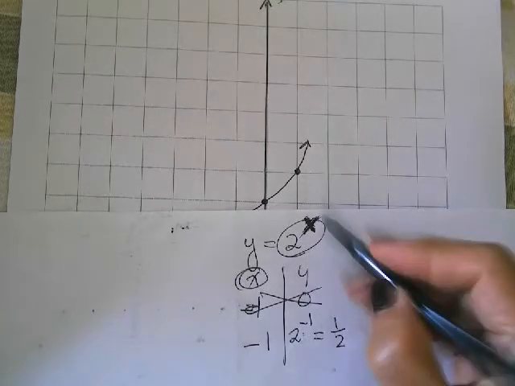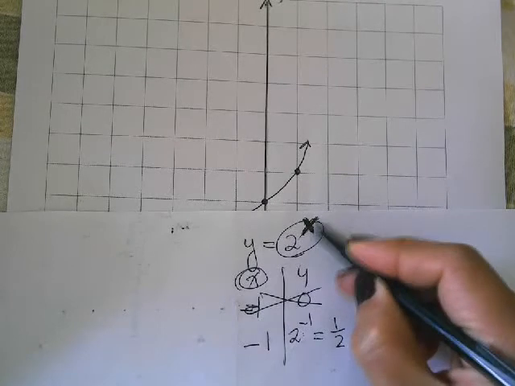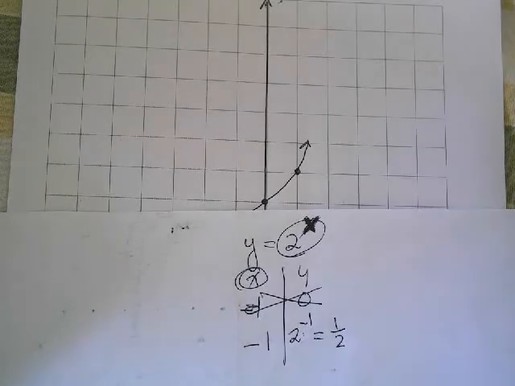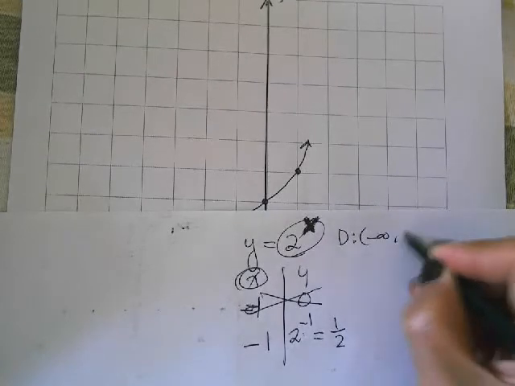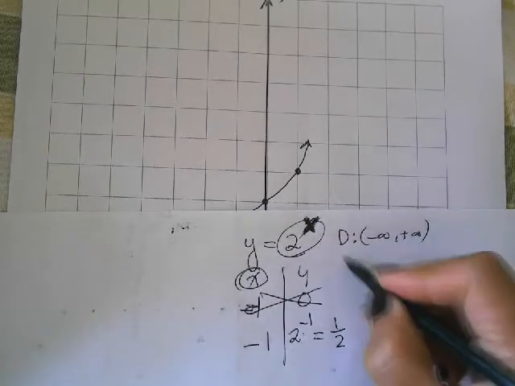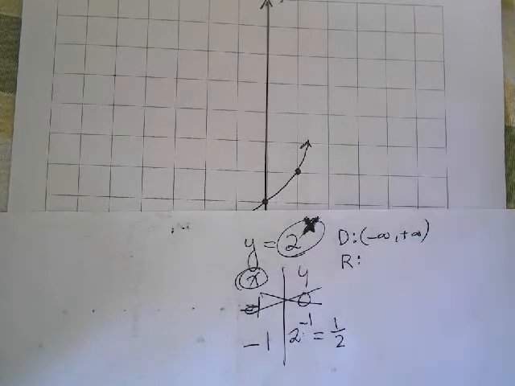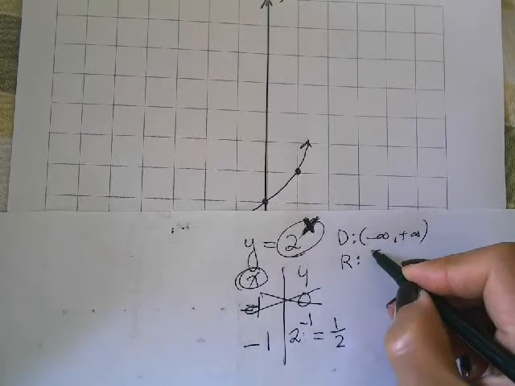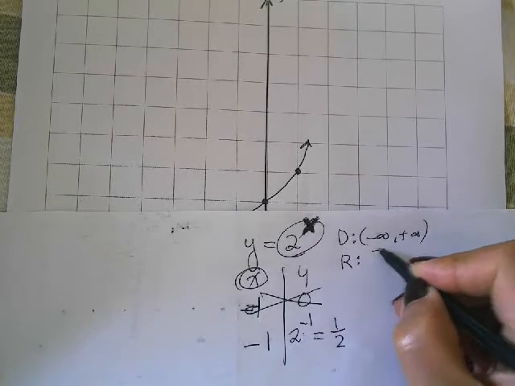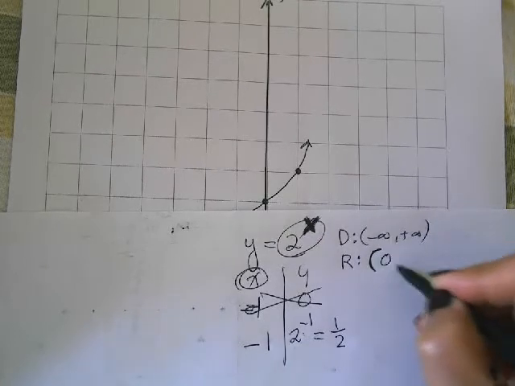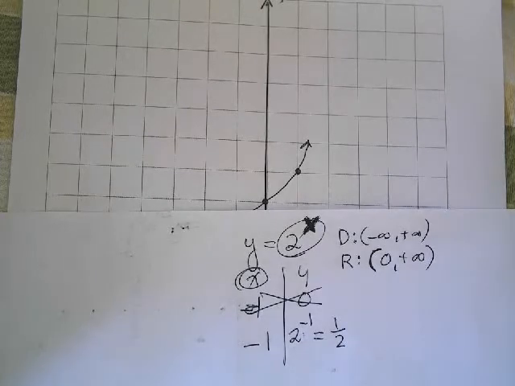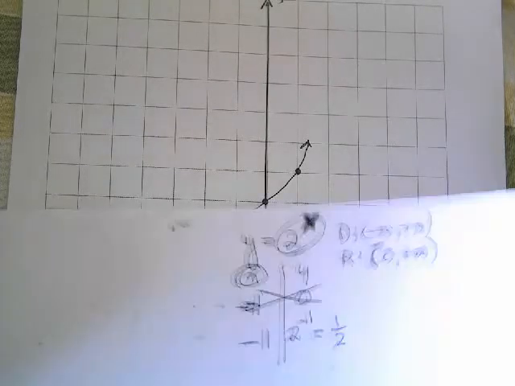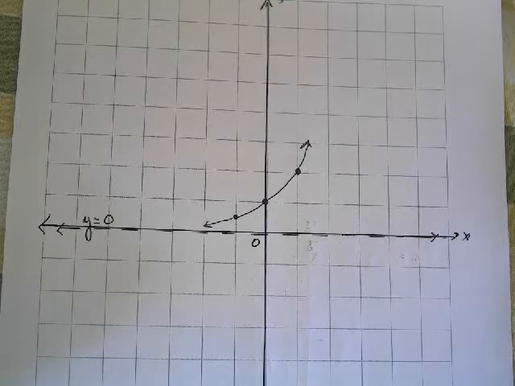So the domain here, you could give any number for x, so your domain will be all real numbers, but your range, the value of y, can only be from 0, no, not 0, so this should be a parenthesis, 0 to positive infinity. Again, let's write that down here.